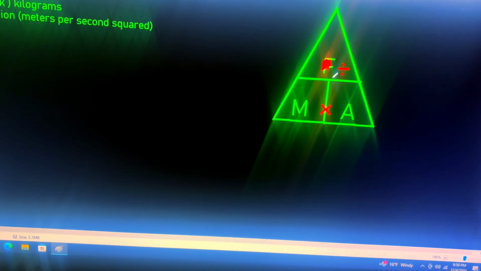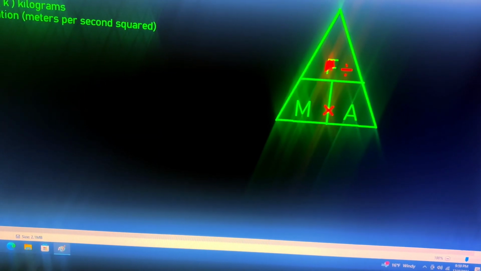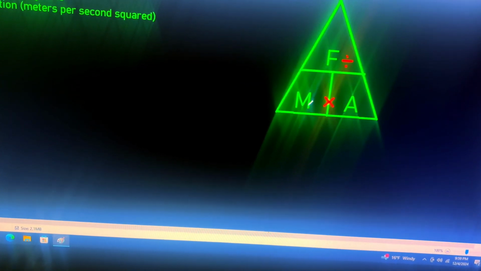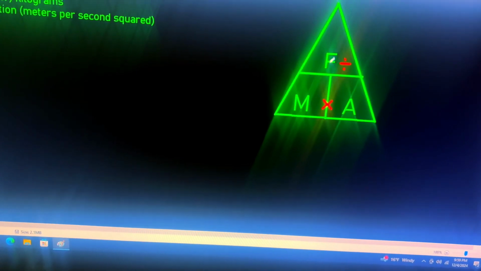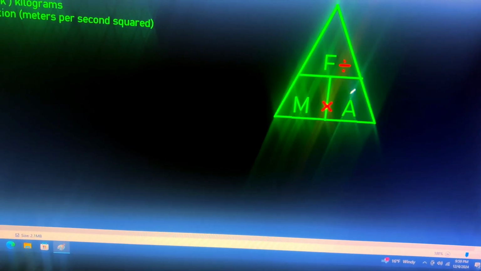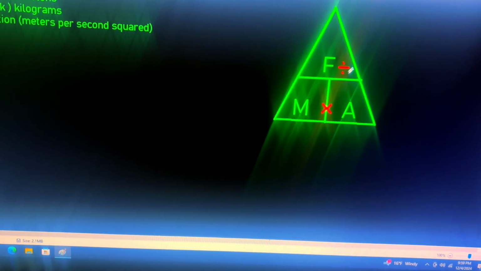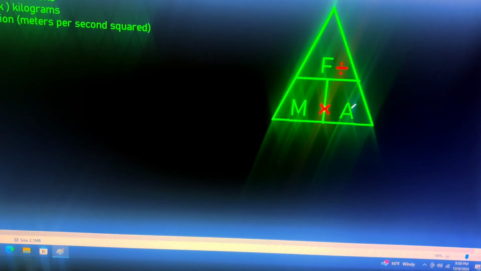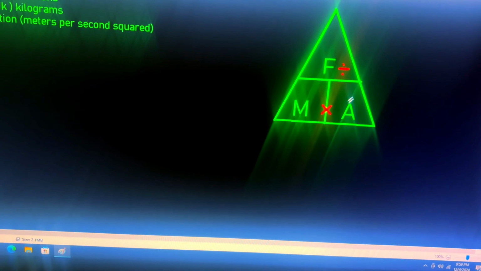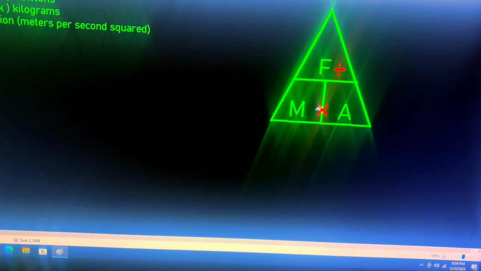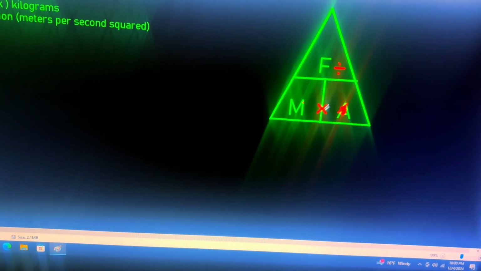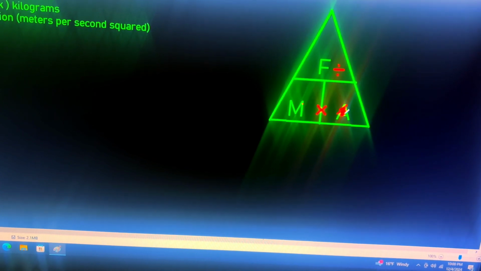And if it's the other way around, if you're trying to figure out, say, the mass based on the force and acceleration, notice there's a multiplication and a divide symbol. It would be force divided by acceleration, and vice versa. If we didn't know the acceleration, it'd be force divided by the mass and you figure out what the acceleration would be.